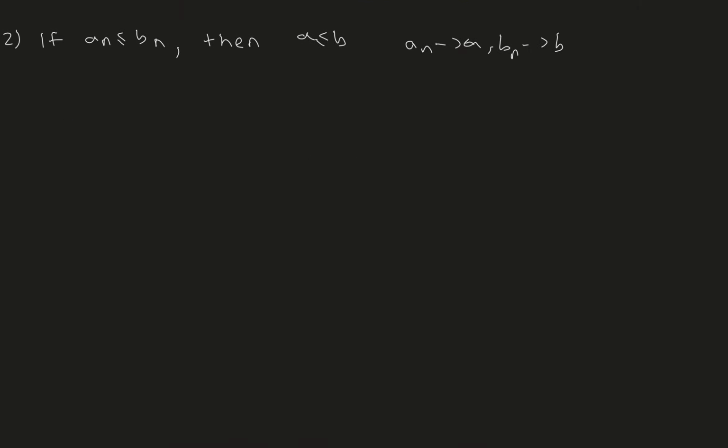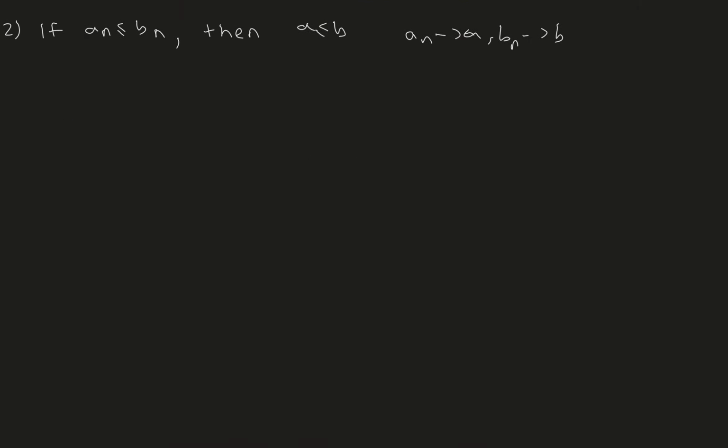The second one says if we have two sequences such that one sequence is less than the other sequence, the limit of the sequence an is also less than the limit of the sequence bn. So I'm going to write an is less than or equal to bn as bn minus an greater than or equal to 0, and the limit of bn minus an is equal to b minus a.